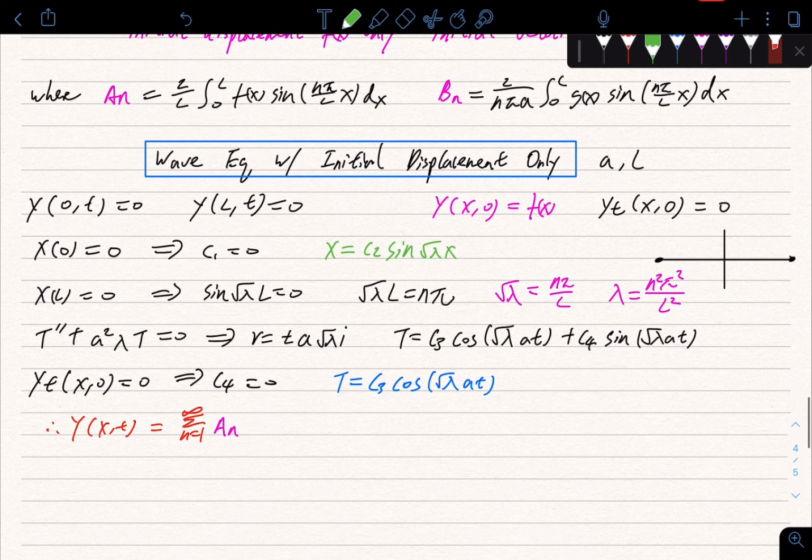And then it is x_n and t_n, and this equals the infinite series from n equals 1 of a_n. So x equals sine, we plug in our value of lambda, and that is n pi over L x. We do the same thing for t, and that becomes cosine n pi over L times at.